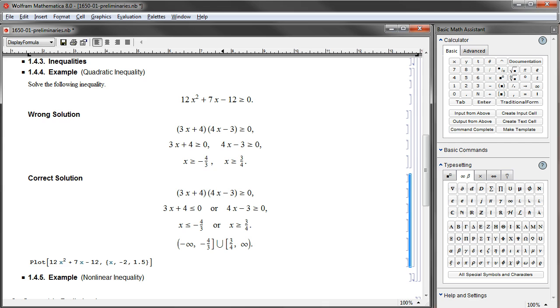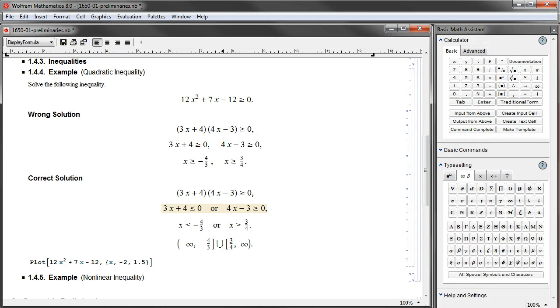Well, a times b greater than or equal to 0 does not mean a is greater than 0 or b is greater than 0. Actually, for equality, it works. For inequality, it doesn't. One is less than or equal to 0, or one is greater than or equal to 0. How do I know?